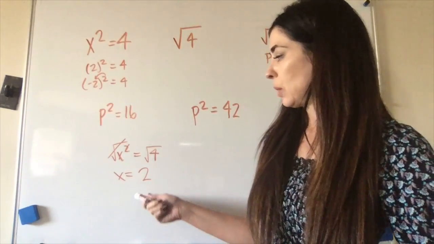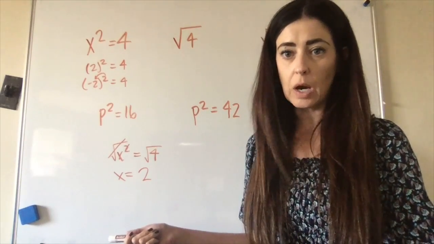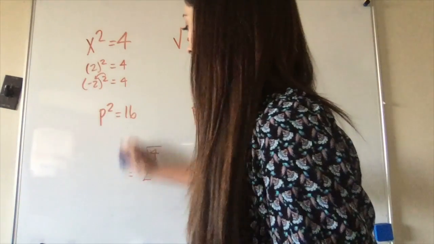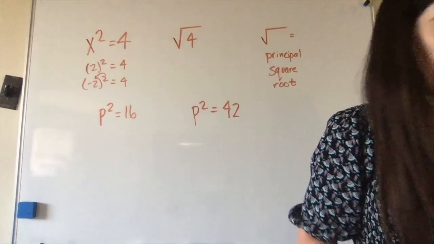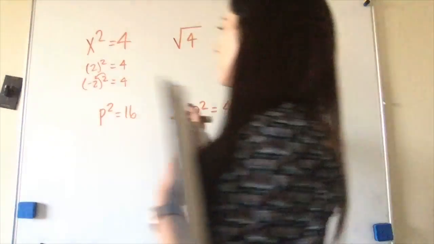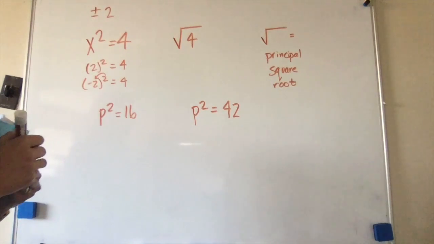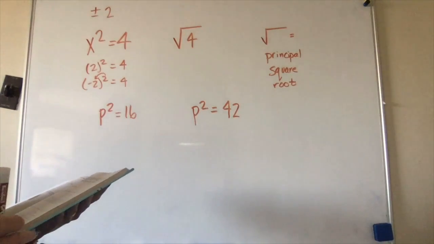True? We could have also been squaring a negative 2 to also get the number 4. So we use this symbol, plus or minus 2, when it could be either positive or negative 2.